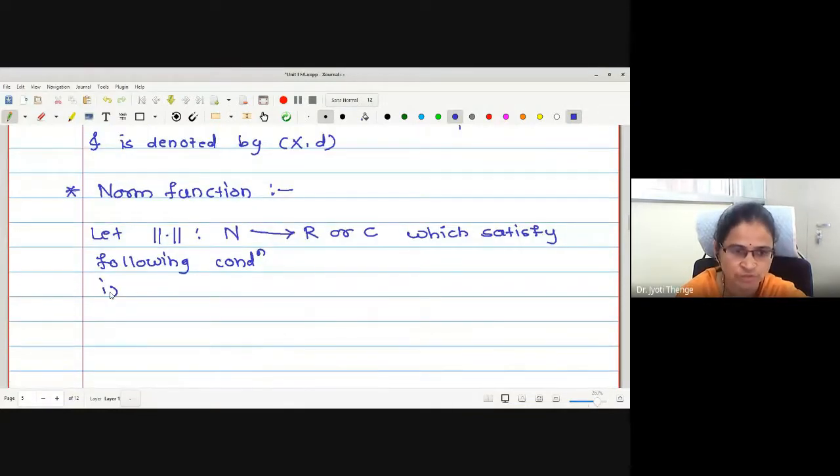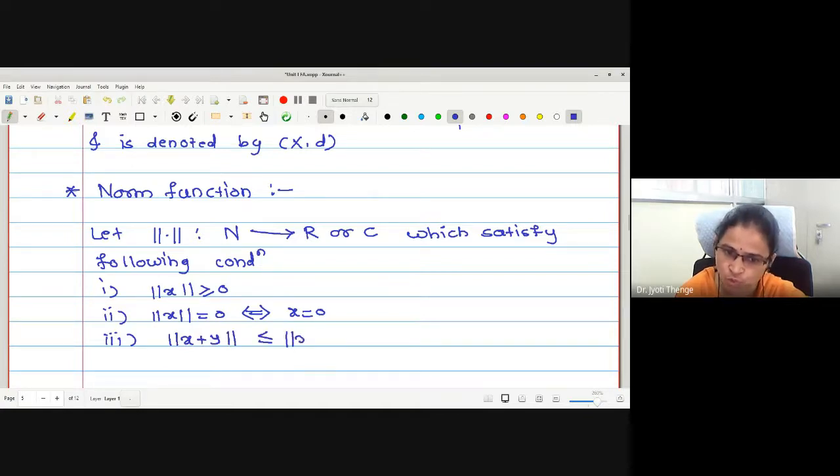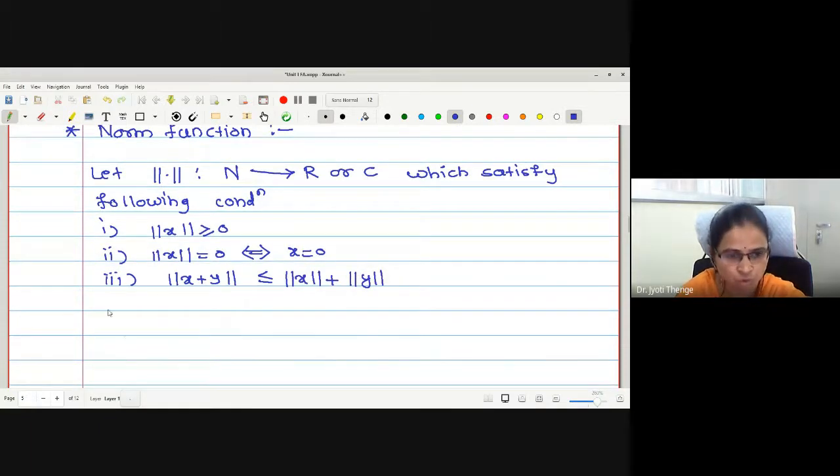The first condition of the norm function is norm x is greater than or equal to 0. The second condition is norm x equals 0 if and only if x is equal to 0. Number 3, norm of x plus y is less than or equal to norm of x plus norm of y.